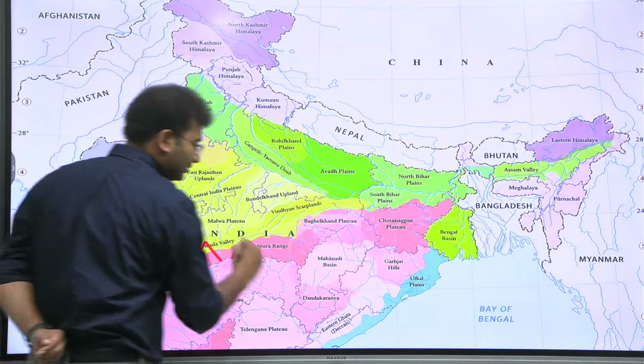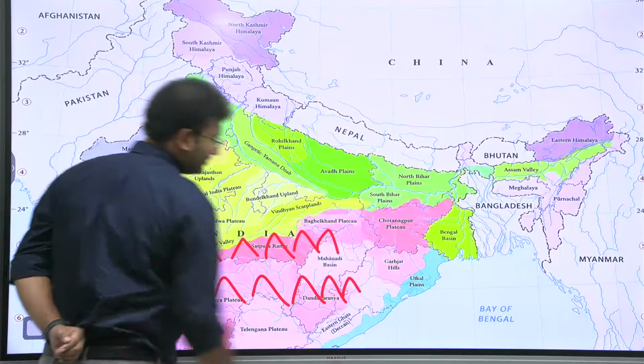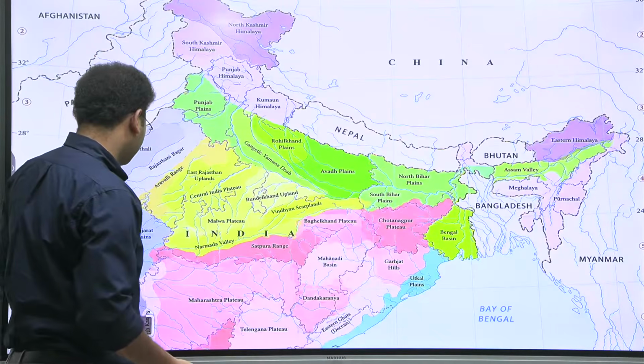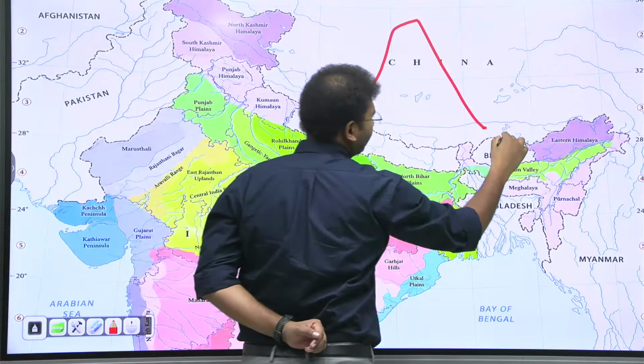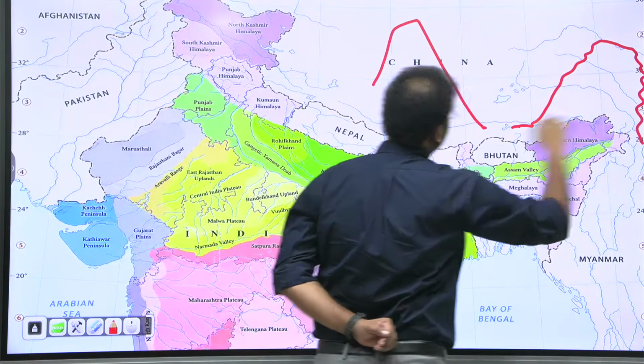the Vindhyas and Satpuras. So if you look from the cross-sectional view, okay, if you see the Vindhyas, your Vindhyas are like this, and your Satpuras are like this.